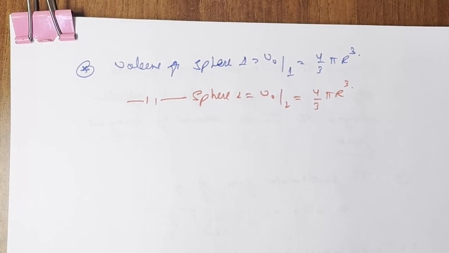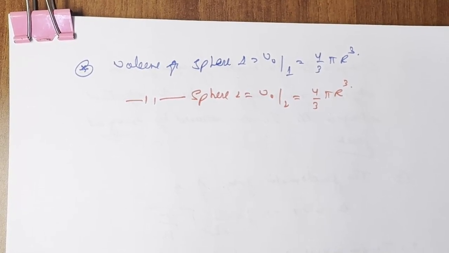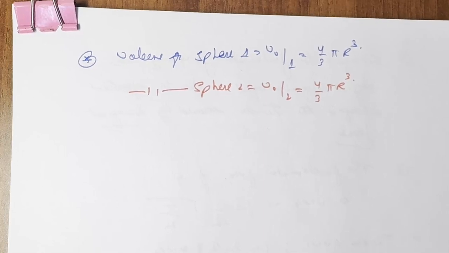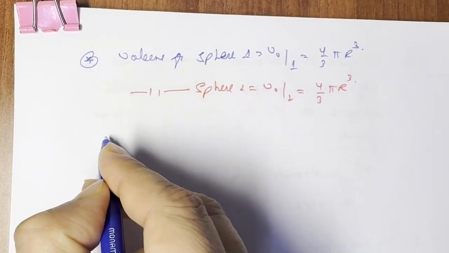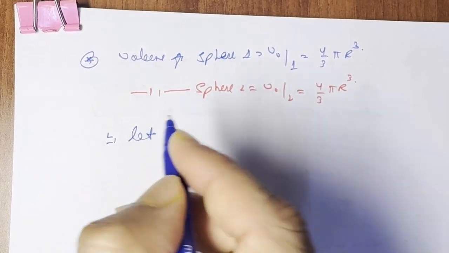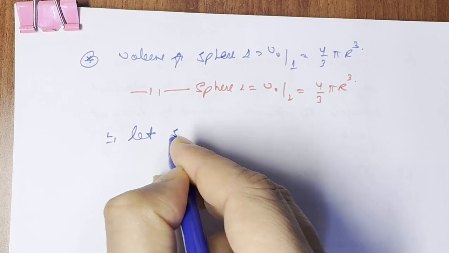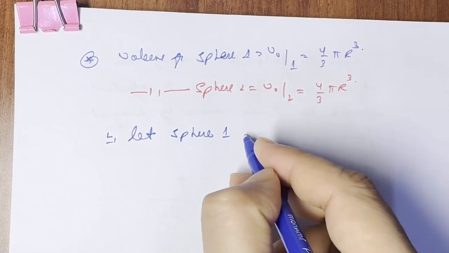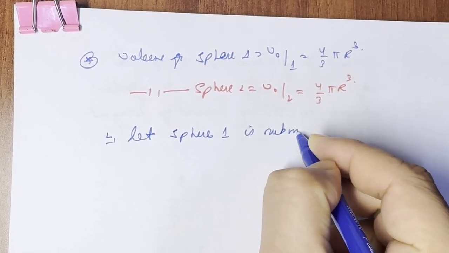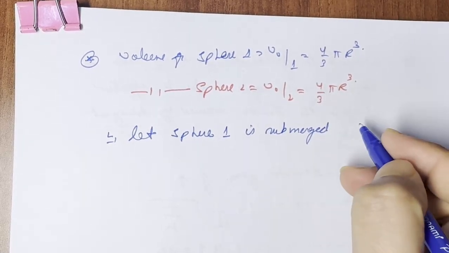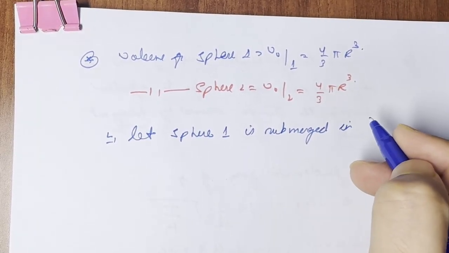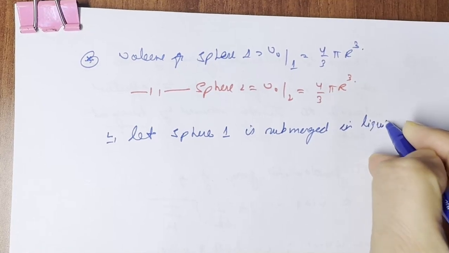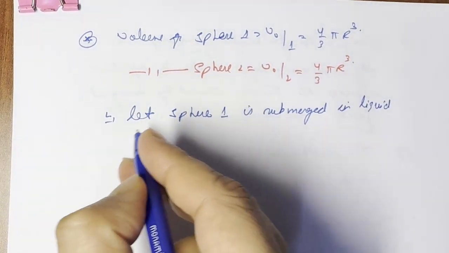And it is asked whether sphere 1 is submerged completely or not. So let us assume that sphere 1 is submerged in the liquid to a volume of V1.